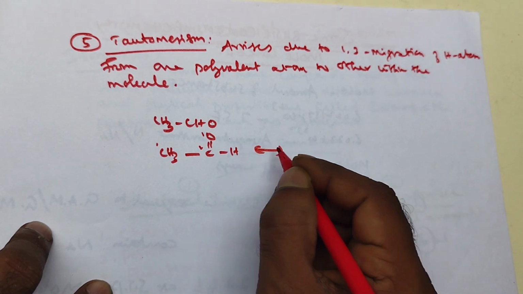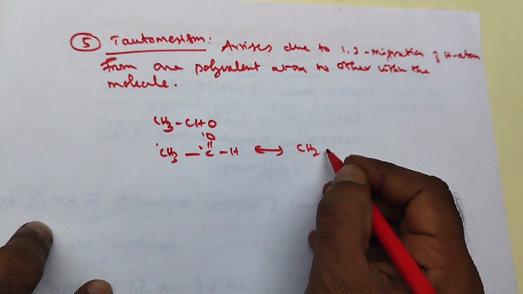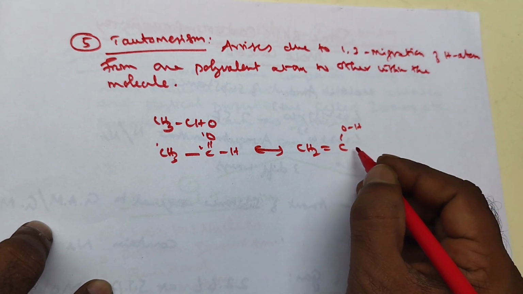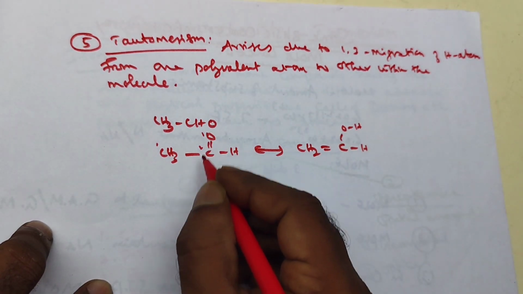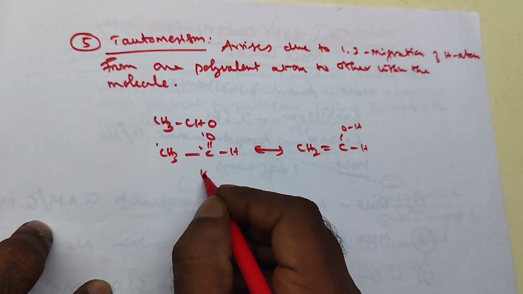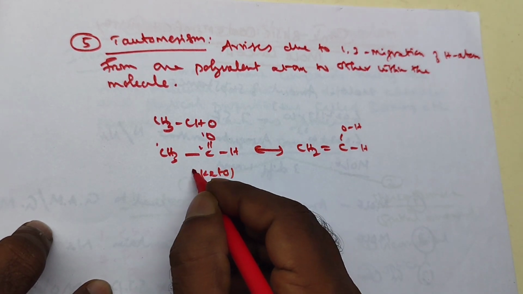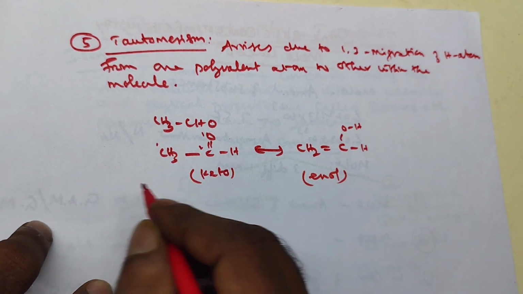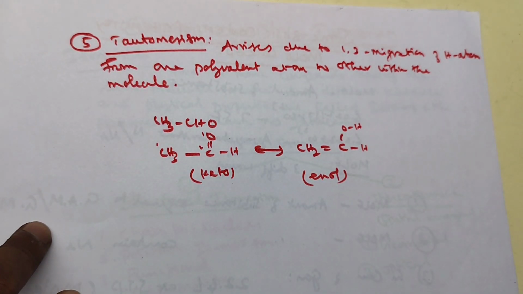So we write CH2 double bond C(OH)H. This one is the keto form, and this one is the enol form. So therefore it is keto-enol tautomers.